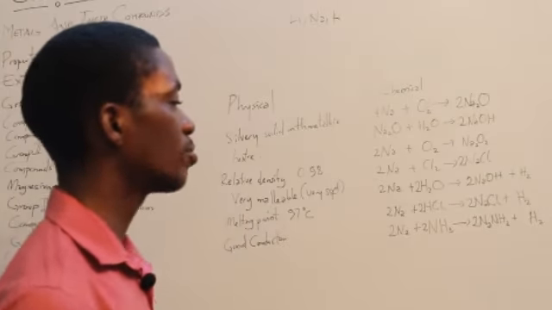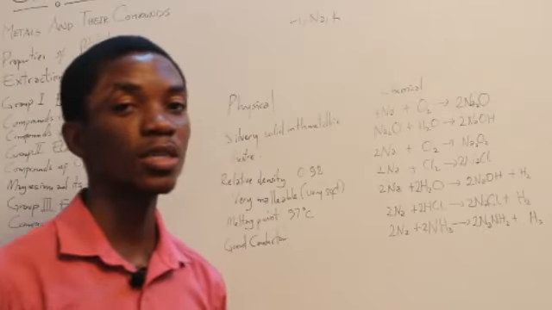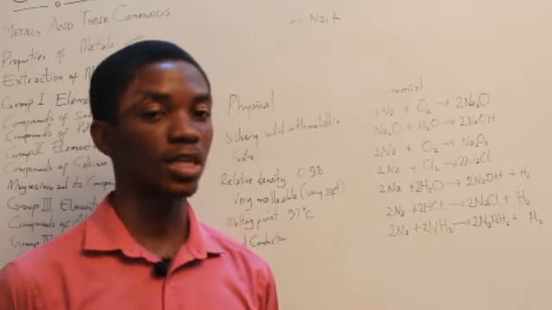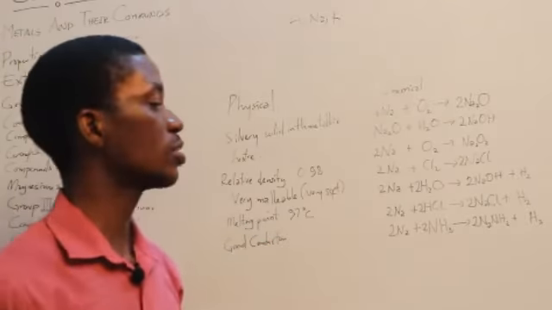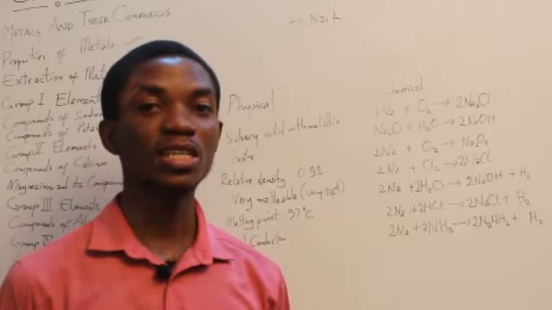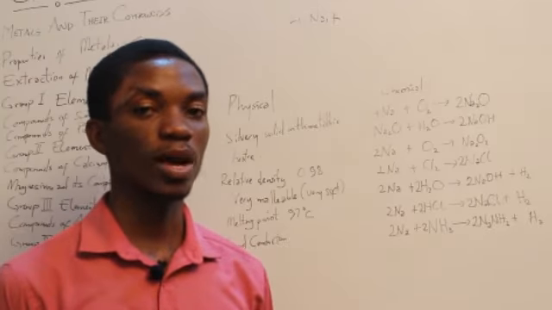Alright, when we talk about sodium, what are the uses of sodium? Sodium is very important in the production of many reagents in the chemical lab. We also use it for lighting different locations, especially in airports where very good lighting is required.